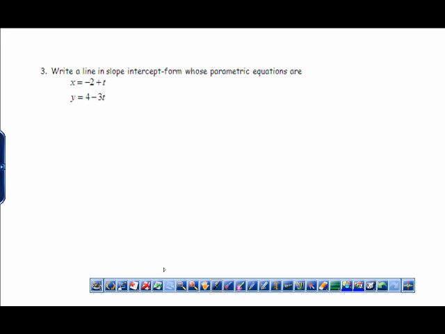All right, let's think about the easier way to do this rather than a table and a graph, because it doesn't say we had to do those, so let's not do that. First, we're going to solve for t. I could actually do this in either equation, but I'm going to do it in my first equation. So if I have x equals -2 plus t, what does t equal?